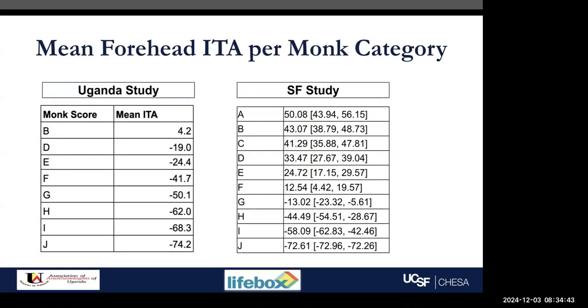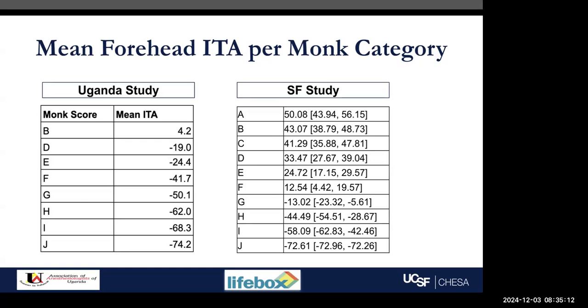So here is a comparison between the population in the Uganda study and the one from San Francisco. We noticed that the ITAs for Uganda, the majority are darker in comparison to the ones in San Francisco.